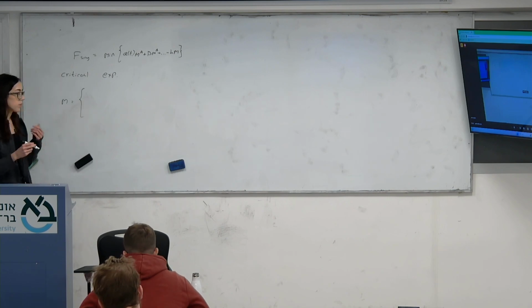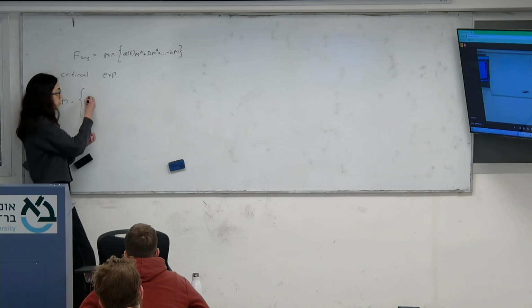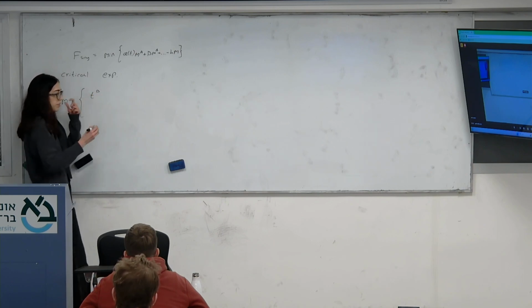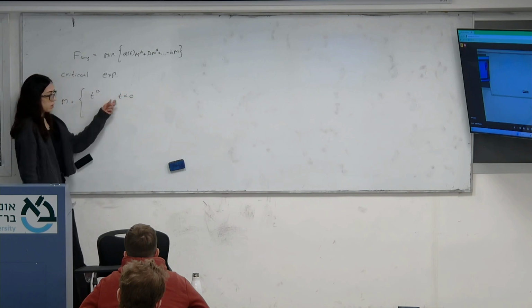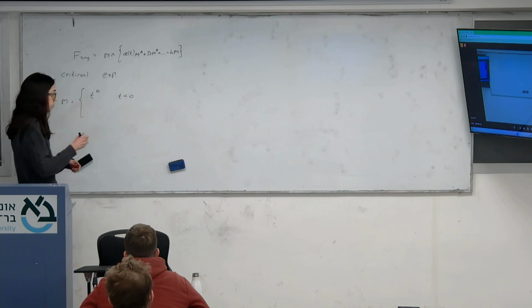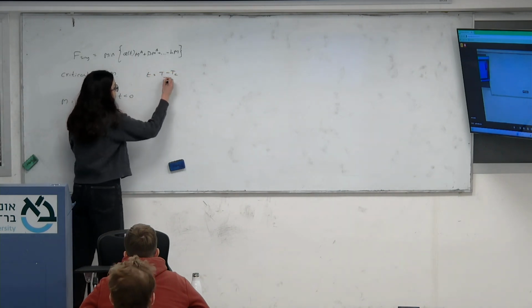For the dependence on the temperature, we have the exponent beta. So this is for t smaller than 0, where t is T minus T critical.